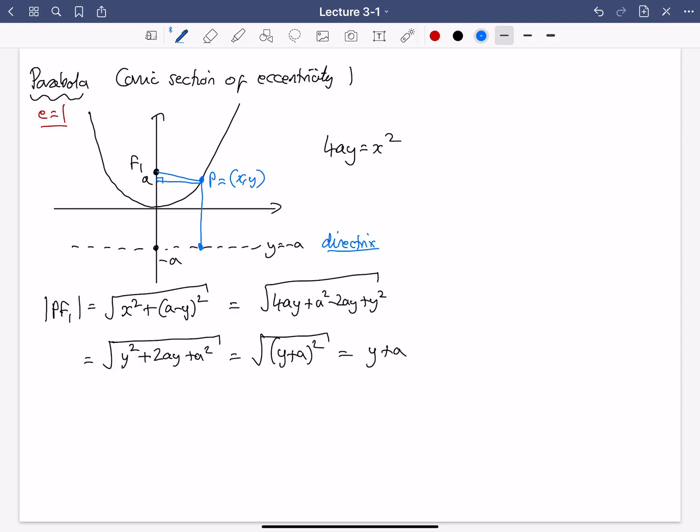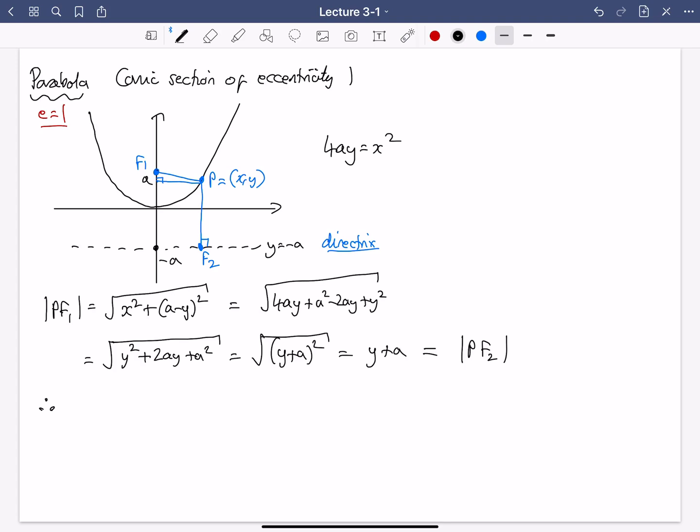So that's the orthogonal projection of the point P onto the directrix. So that gives us another point which, let's maybe go into blue because that was my usual convention, that point there I'm going to call F2. And then what we see is that this y plus a distance, well, that was y, and that's a. So y plus a is actually the distance from P to F2.